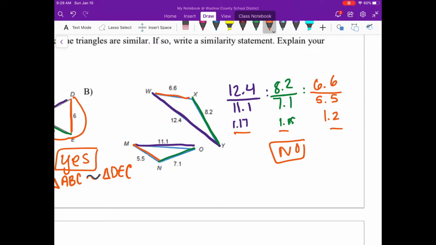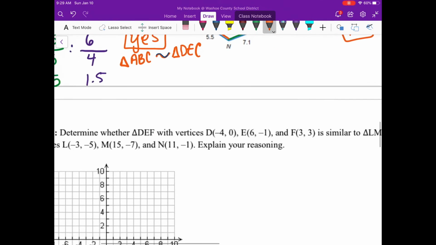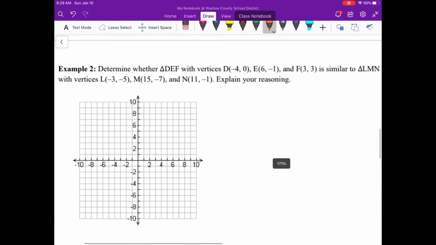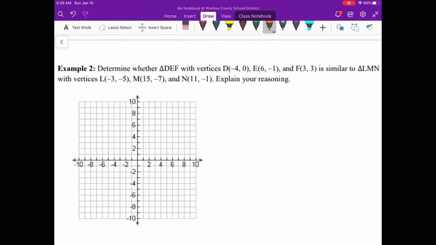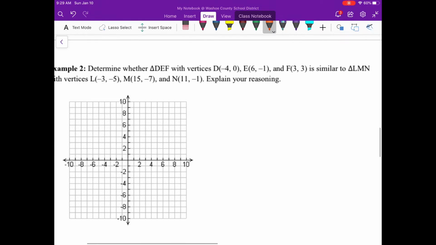They do not reduce to the same ratio. And by you showing that they don't reduce down to the same decimal, you're showing us that's how you know that these are not going to be similar to each other, okay? So that's all you have to do, put it in the calculator and see if it works or not. All right, let's go on to the next example.